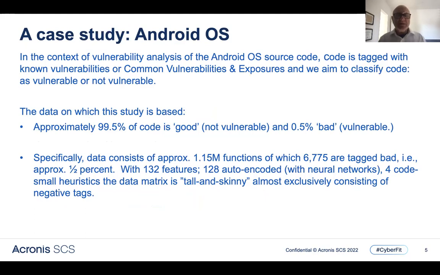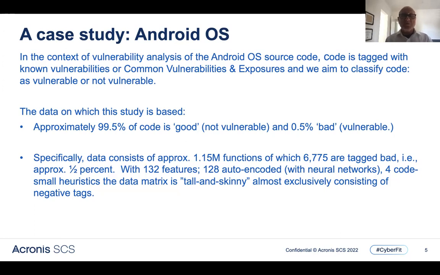In our case, we consider the Android operating system as our case study, as the data. The bad examples are those that are tagged as vulnerable. In other words, if you have scanned the source code, then you would have found evident problems in the data, and you'll consider those pieces of code as vulnerable.